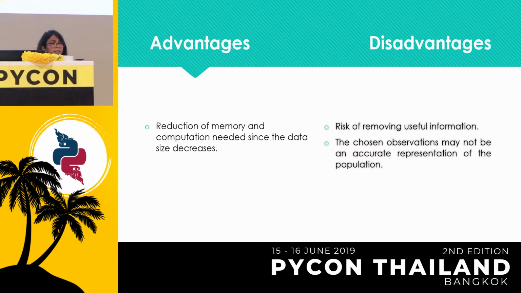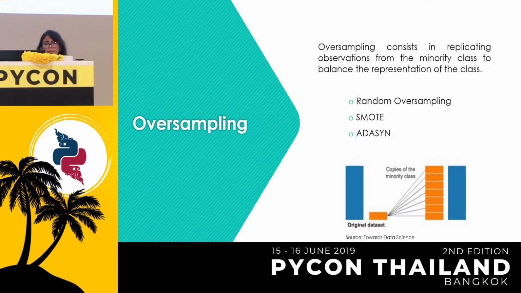Another technique is oversampling. With this technique, we replicate observations from the minority class to balance the representation of the classes.